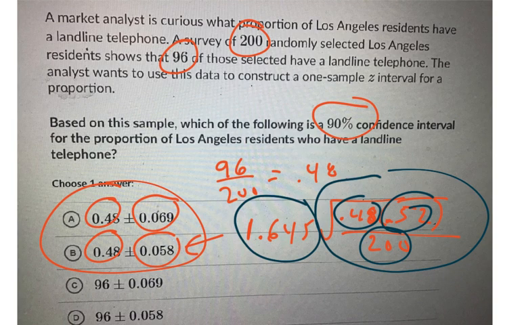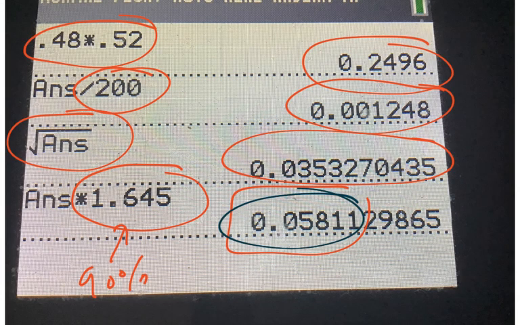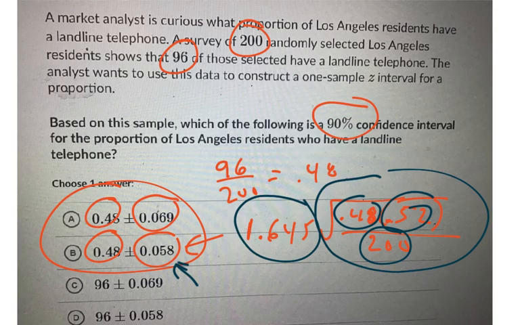And so our margin of error came out to be, as you can see right here, 0.058 or 5.8% roughly. So this is how we would complete our confidence interval. Make note, we normally would take 0.48 plus the 0.058. We would take the 0.48 minus 0.058. And that would give us our interval.